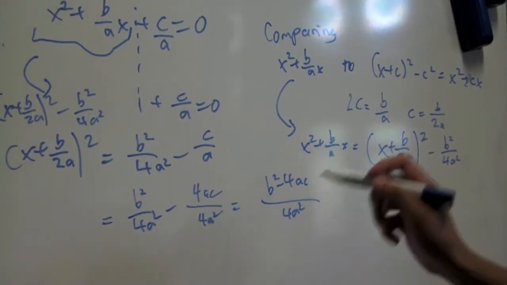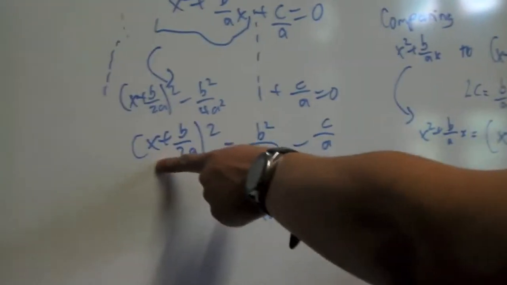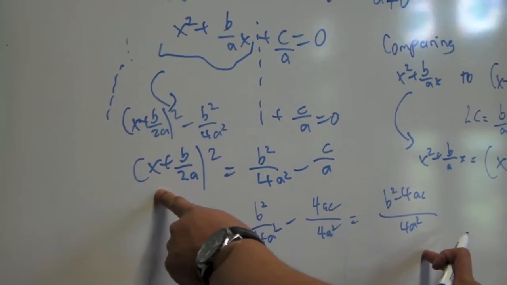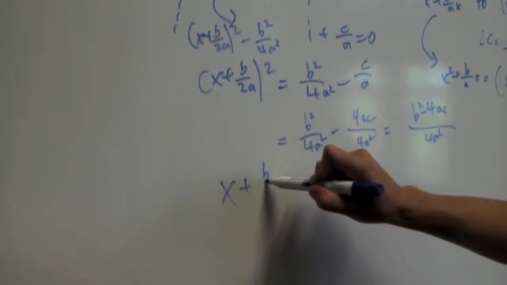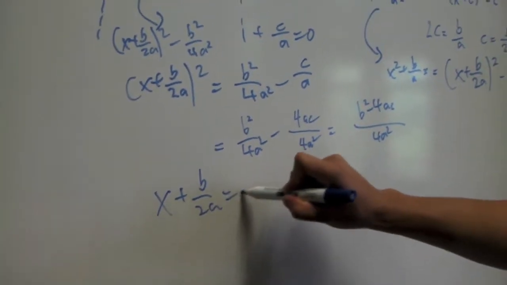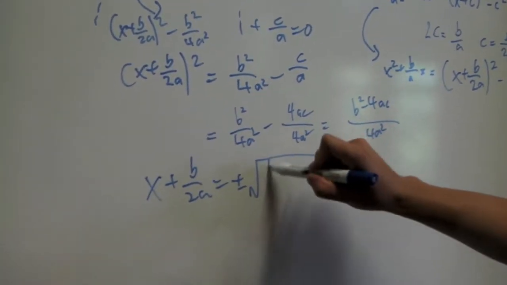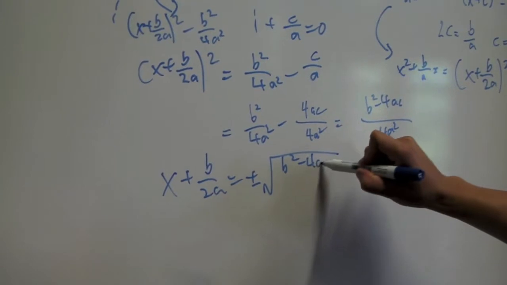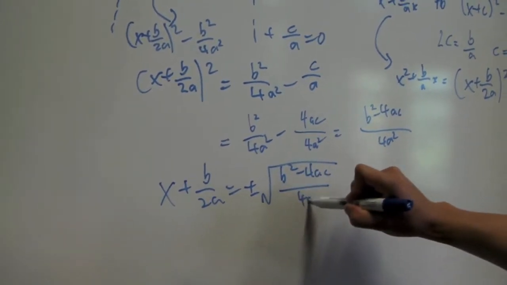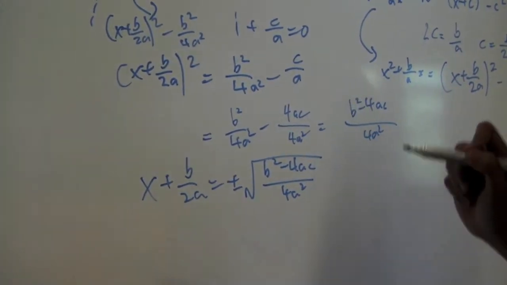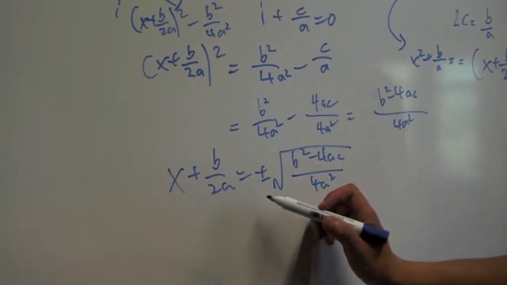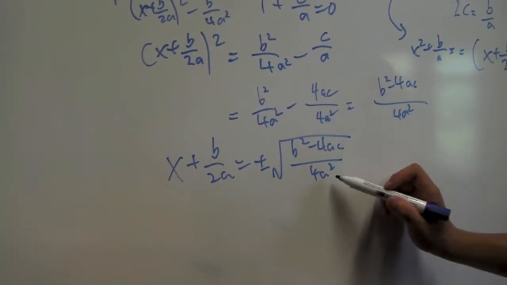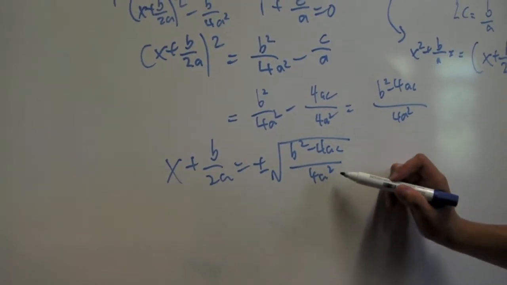Okay? So we have this, and this is equal to that. So we can now just take a square root and solve for x. x plus b on 2a. So we're getting close now. We're almost there. Remember what I said before, how you can square root the top and bottom separately? Well, if we square root the bottom, we just get 2a.